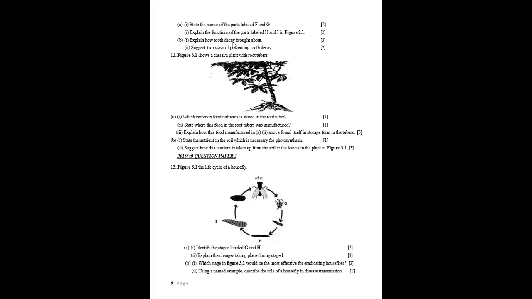Explain how tooth decay is brought about. Tooth decay is brought about when sweet food particles stick in between the teeth for so long and form a plug. The bacteria start to feed on the plug and respire anaerobically, producing an organic acid.